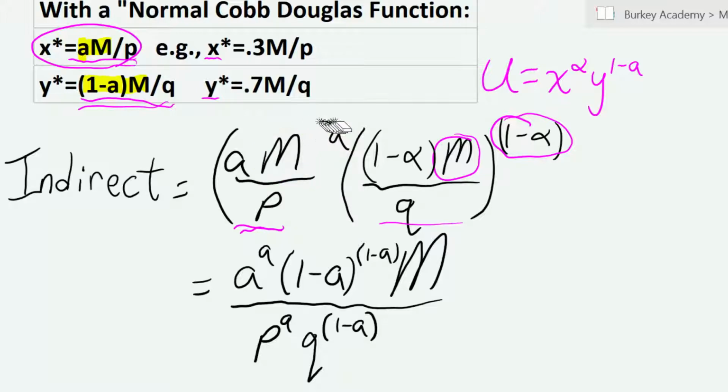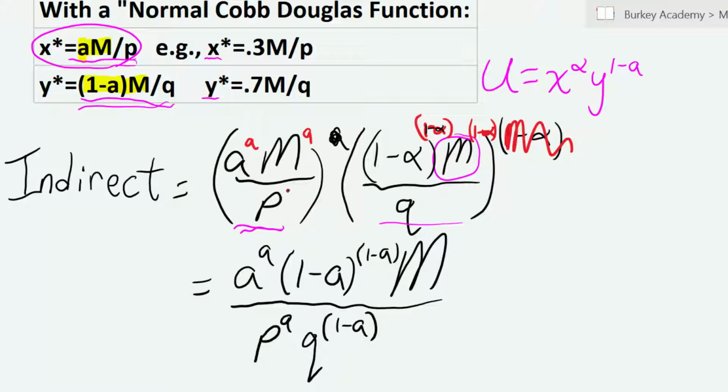Let me do that so that you can see what I'm talking about. So we can distribute that as A to the A times M to the A, and then raise that to the 1 minus alpha. Let me do that in red, 1 minus alpha. And that to the 1 minus alpha. And then we'll cross that off.